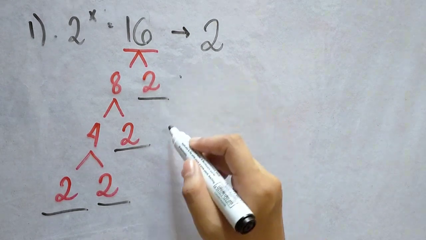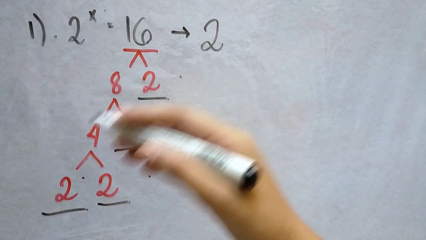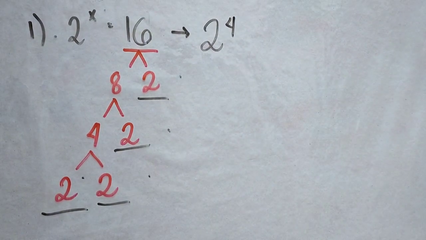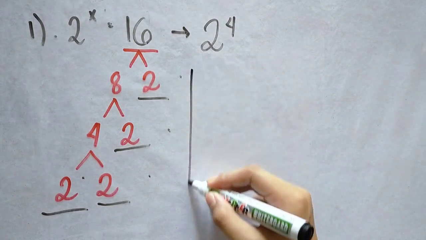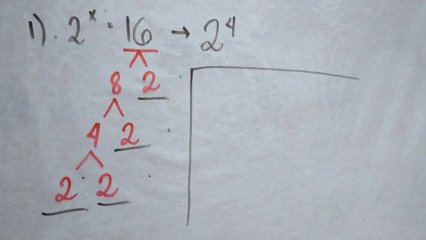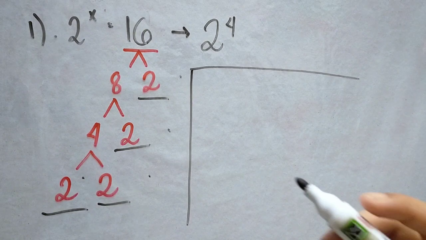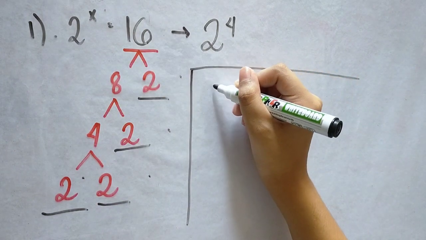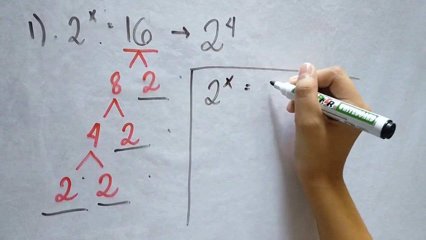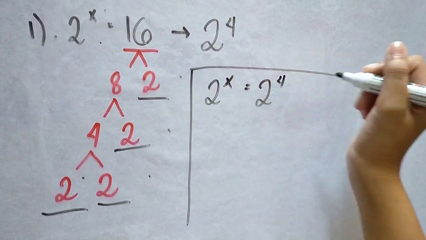So since 1, 2, 3, and 4, 4 yung magiging power niya. Since hindi na siya abot sa board, I will just draw a box here para mas lalo niyong maintindihan. Ngayon, let's get this one na. 2 raised to x is equals to 2 raised to 4.